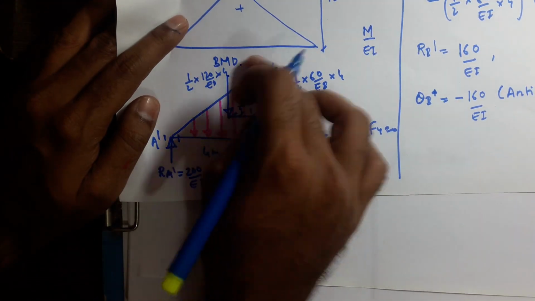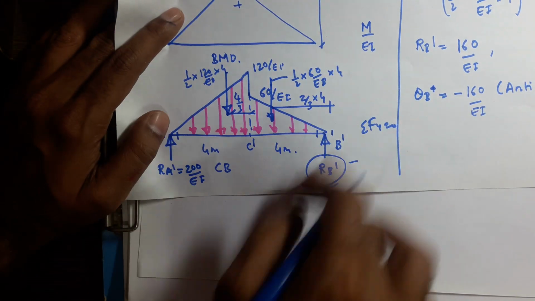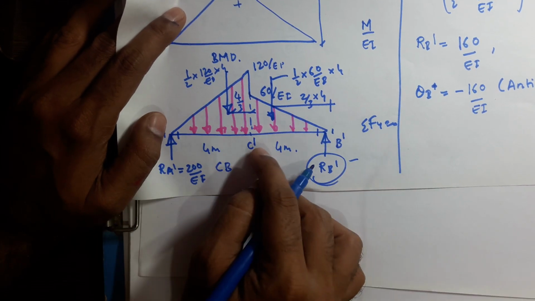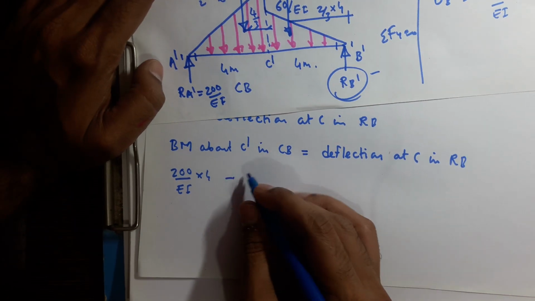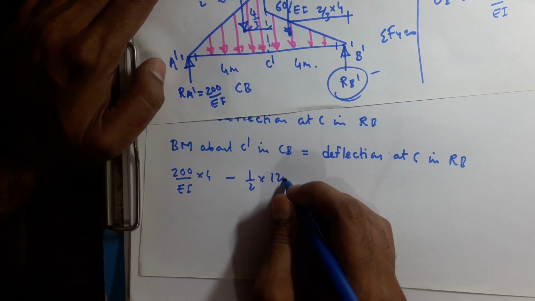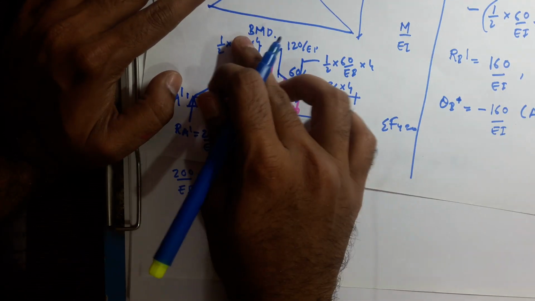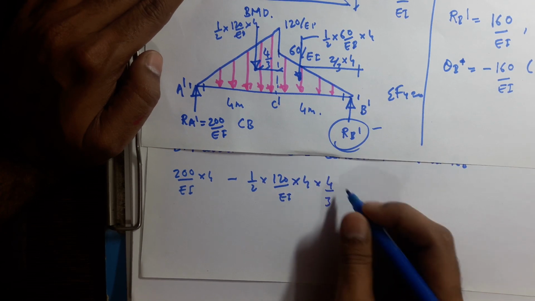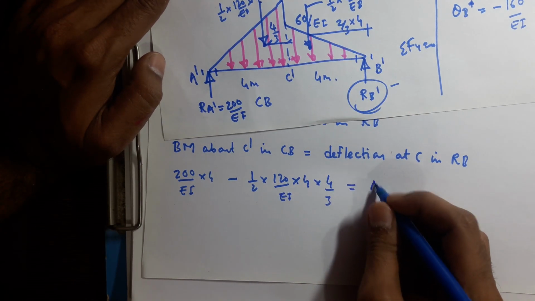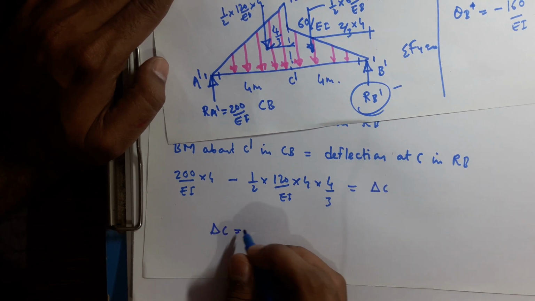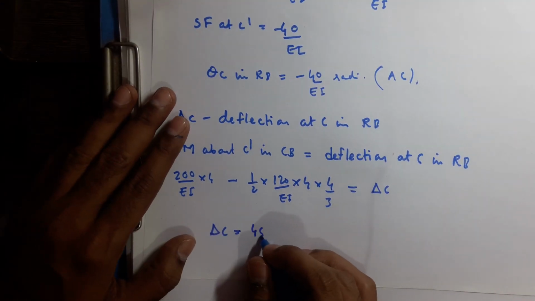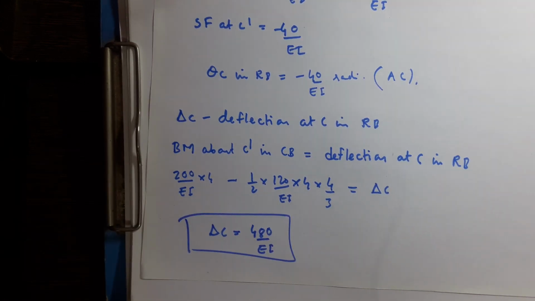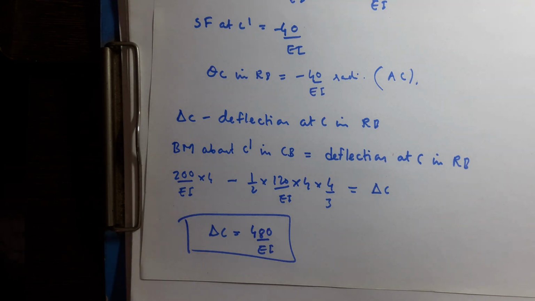Then you have total load of this triangle, okay, which will create anti-clockwise moment with respect to C dash, and the perpendicular distance is 4 by 3 with respect to C dash, minus half into 120 by EI into 4 into perpendicular distance 4 by 3, okay, equals to delta C. So delta C equals to 480 by EI. So in this way you can find displacement by using conjugate beam method.